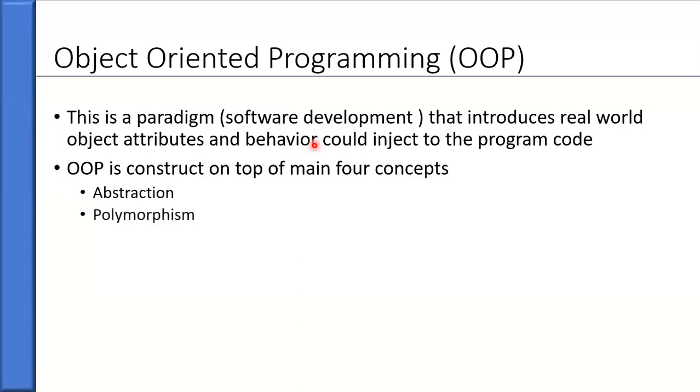And polymorphism is the concept of defining the same activity that can be explained by different mechanisms, like the polymorphic nature of objects. Some objects do have polymorphic nature.